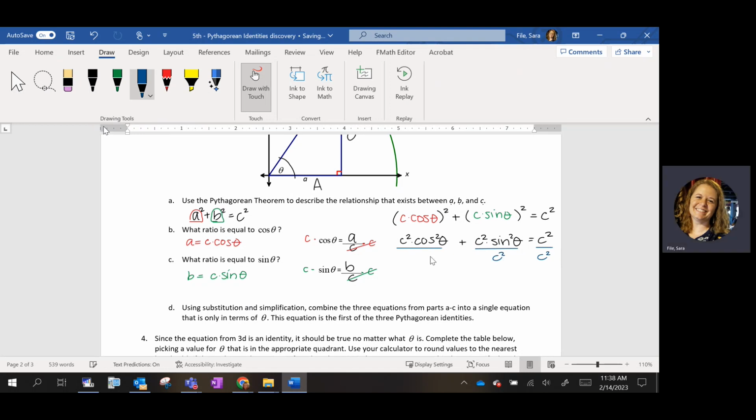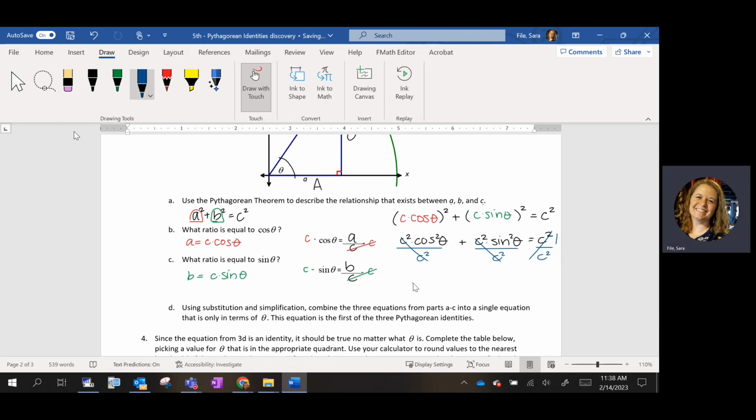If I divide out the C squared, that reduces to a 1 in all of those instances, right? Now, I don't have to write it in front of cosine squared and sine squared, but over here, that's the only thing left. I do need to put a 1.